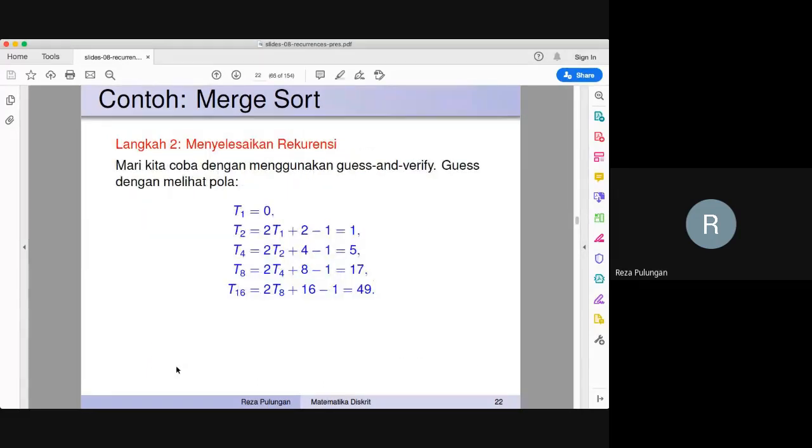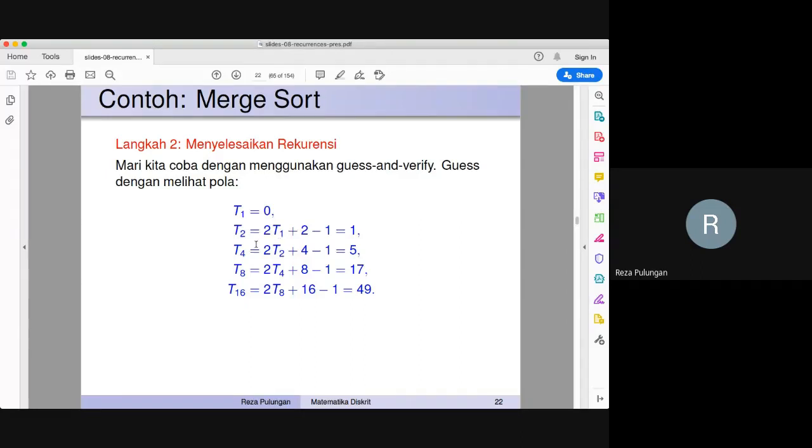Well, you think, let's try to use guess and verify. If you use guess and verify, you will not be able to do anything, because if you try to guess, you can try a couple of values. T1 is equal to 0. T2 is 2 T1, because this is 2 divided by 2, plus 2 minus 1, which becomes 1. What about T3? Well, there is no T3, because T3 would need T of 3 divided by 2, which is not an integer, and we cannot use it.